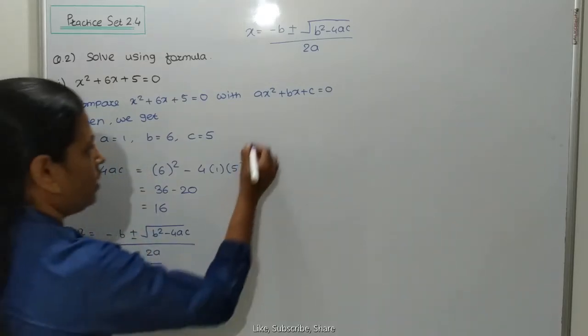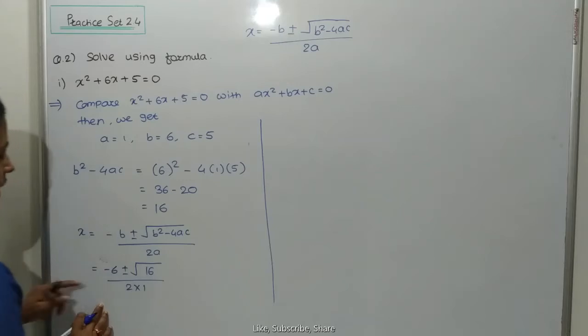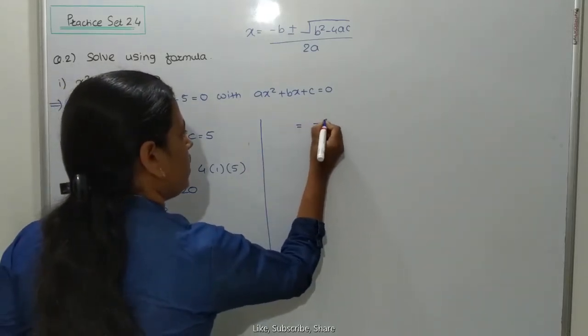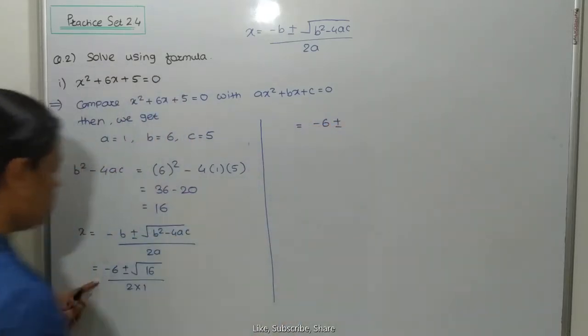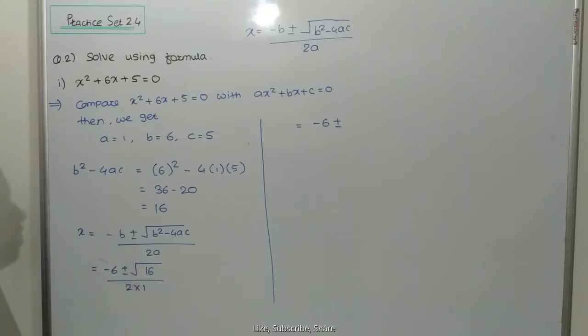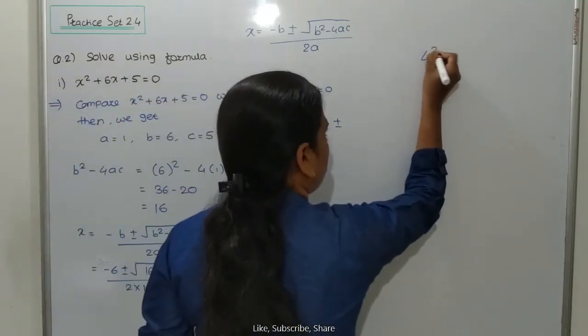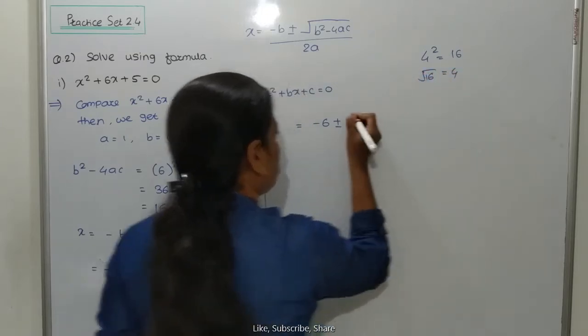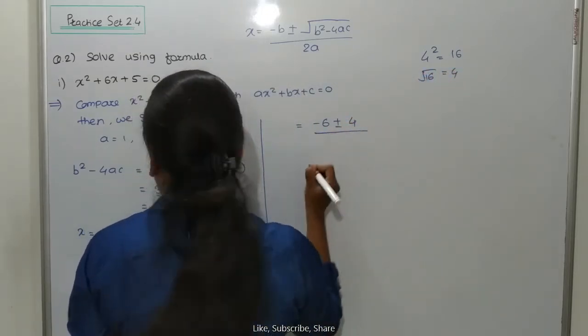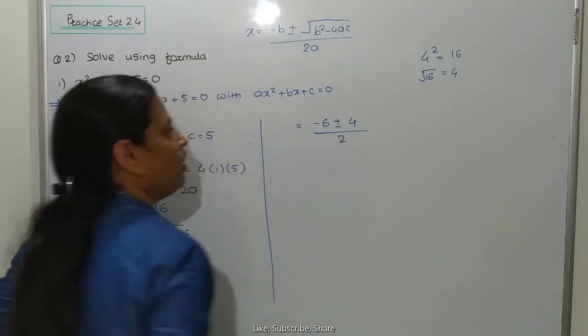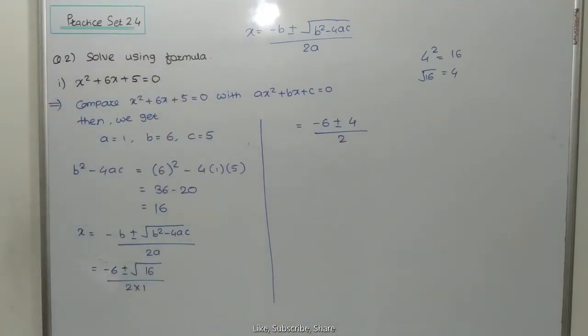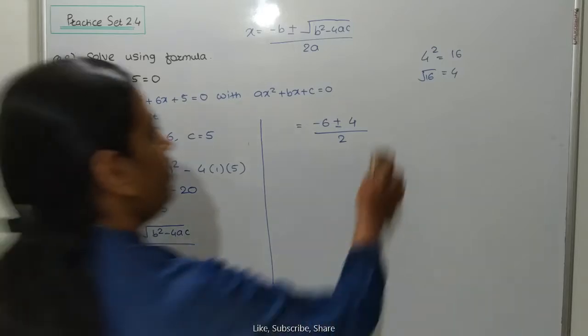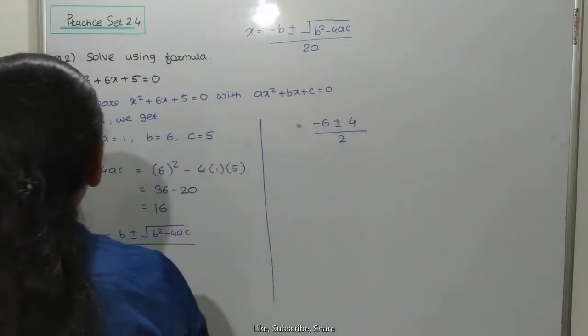Okay. Now next step, that is minus 6 plus minus, what is the square root of 16? That is 4. 4 square is 16 and square root of 16 is 4. So I have to put here 4, divided by 2 into 1. Understand this one?